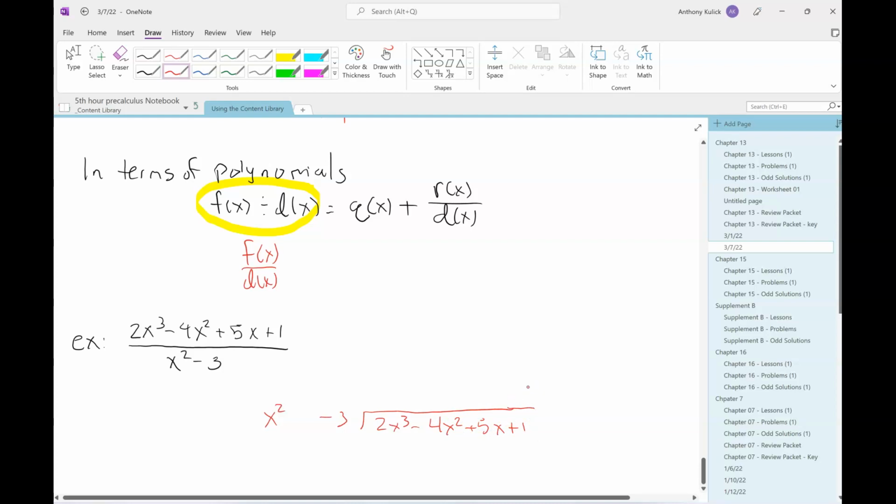Now, if I look at the top part, I see I have x cubes, I have x squareds, I have x's, then I have constants. I didn't miss any terms along the way there. But if I look at the bottom, I have x squareds, no x's, and then constants. What I find is quite helpful is to include a 0x there.